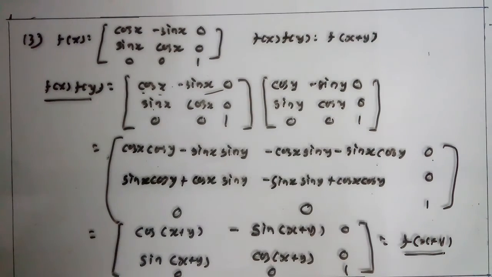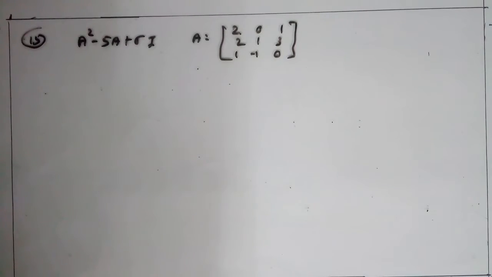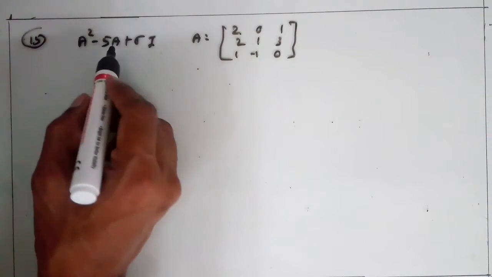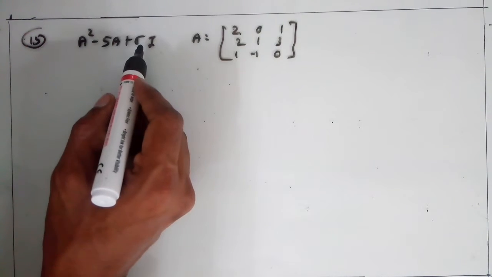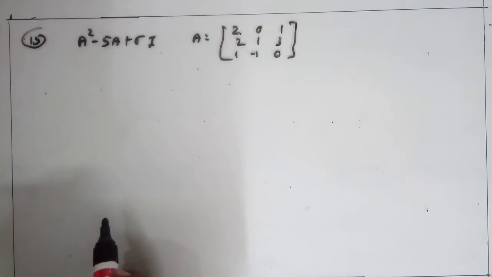Now the most important question, question number 15. Find X square minus 5A plus 6I, if A is equal to the given matrix.